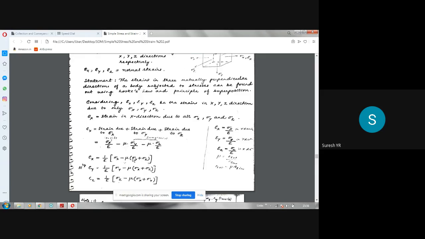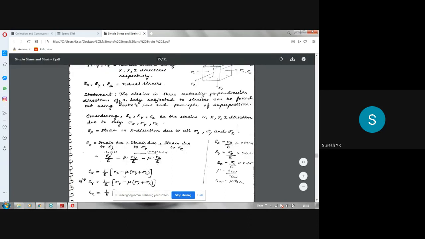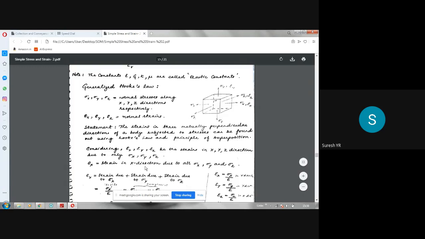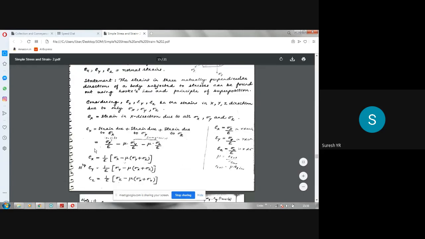On similar lines, if you want the strain in y direction due to all the three, here epsilon y means similar, just like epsilon x. So what is epsilon x here? Strain in x direction due to all the three stresses. Then what is epsilon y? On similar lines, epsilon y is nothing but strain in y direction due to all these three stresses, sigma x, sigma y, and sigma z. In that case, what happens?